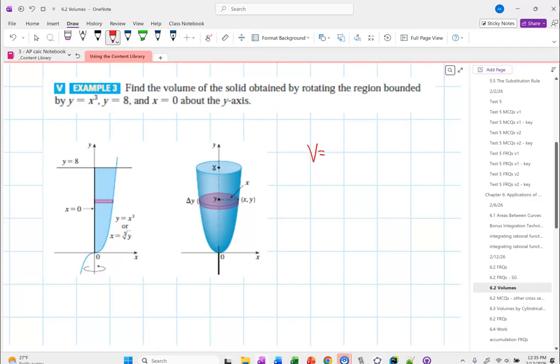The y coordinate. So our integral is going to be with respect to y. And we're going to begin our slicing at 0 and end our slicing at 8. Is everybody so far so good?